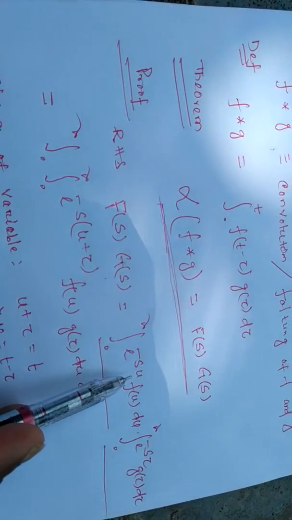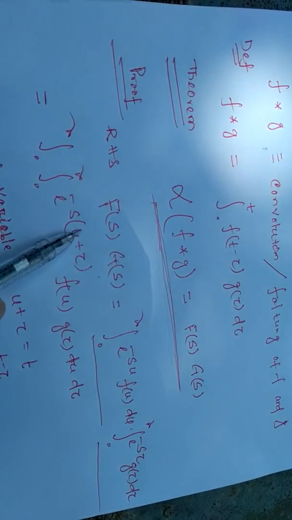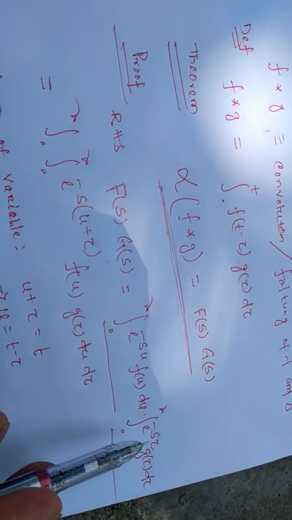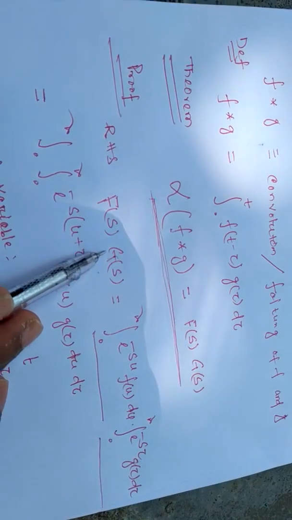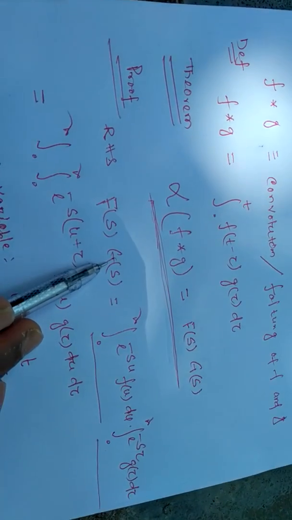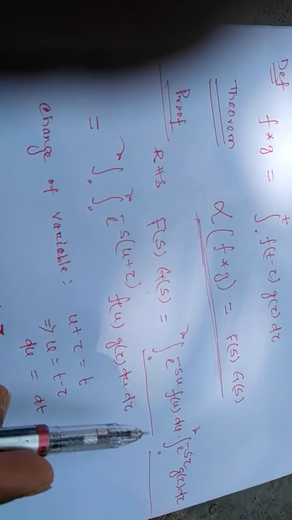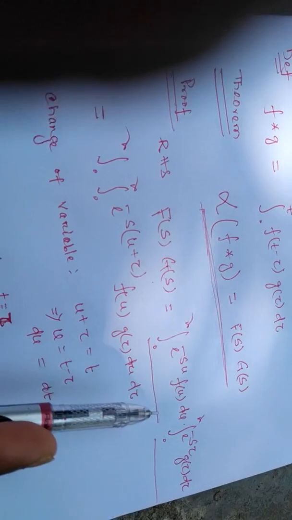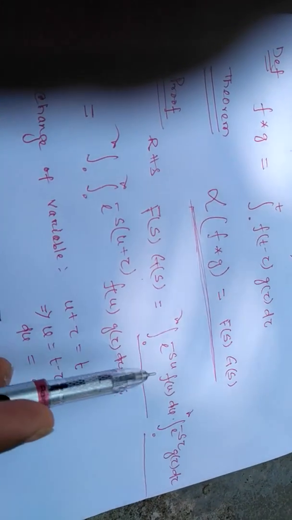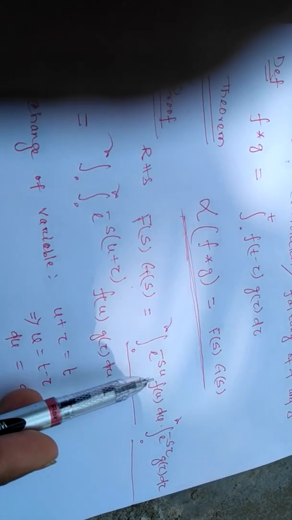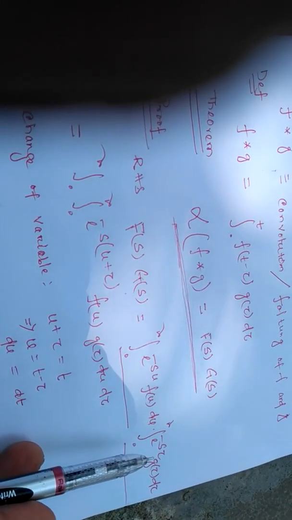So I use u corresponding to capital F and tau corresponding to capital G. We have to use different dummy variables.